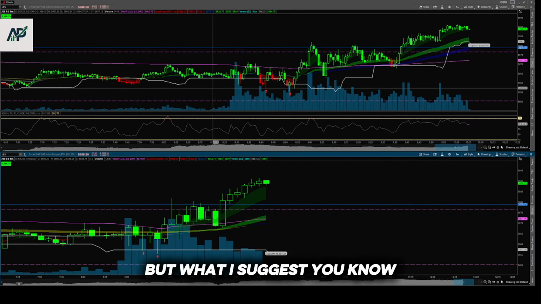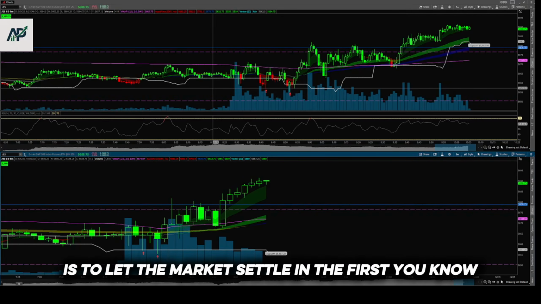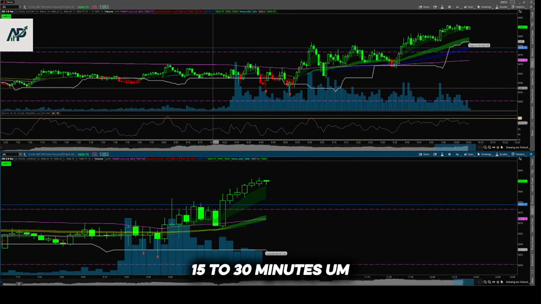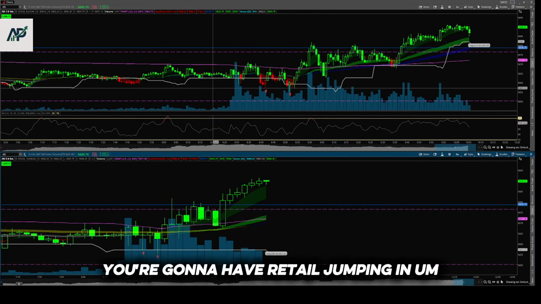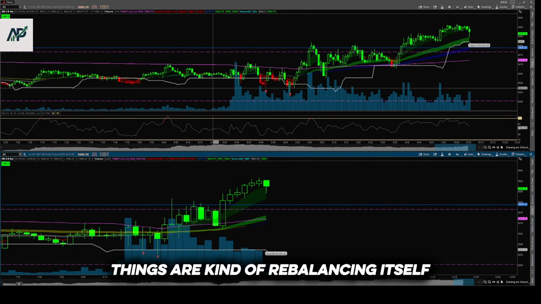But what I suggest, especially if you're just starting out, is to let the market settle in the first 15 to 30 minutes. You're going to have retail jumping in. You have market makers that are repositioning. Things are kind of rebalancing itself.